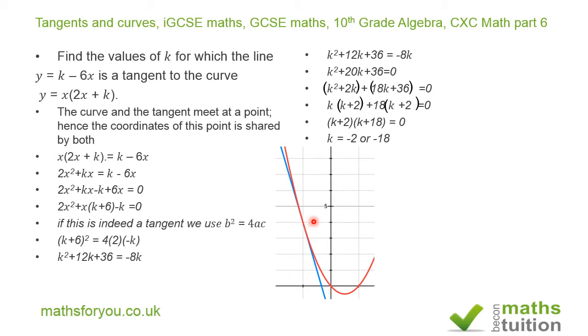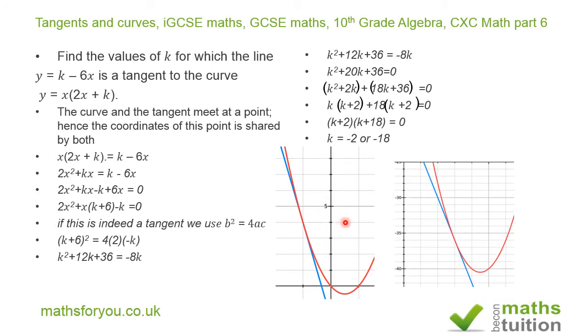But when k is minus 18, it's a bit more difficult because it might need the quadratic formula to help you find the points at which the tangent meets the curve. Anyway, it's a point worth knowing, but you'll not be asked to do that in this test.